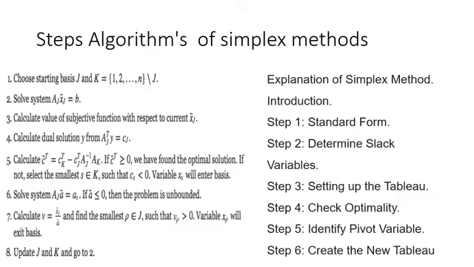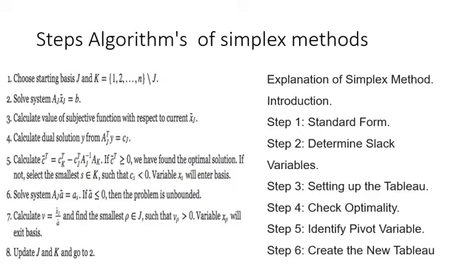The simplex method has steps or algorithms as shown on the slide also, but in depth, first of all, we add some slack variables to change the constraints into equations, and write all variables to the left of the equal sign and constants to the right.